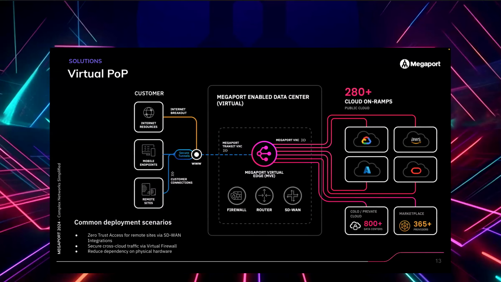Virtual Edge takes the same compute logic and uses a license from vendors such as Fortinet, Cisco, Palo Alto, VMware, etc., and installs it on Megaport compute in those same cities I was showing you, and you use that as a cross cloud option or for connectivity to branch offices, etc. And they can be connected back to a Megaport enabled data center as well.